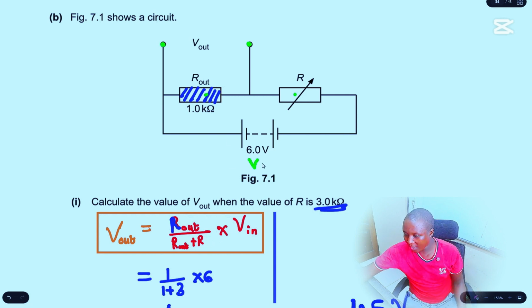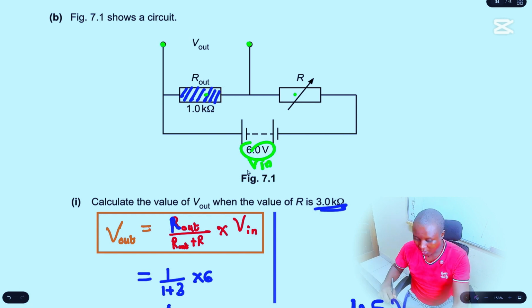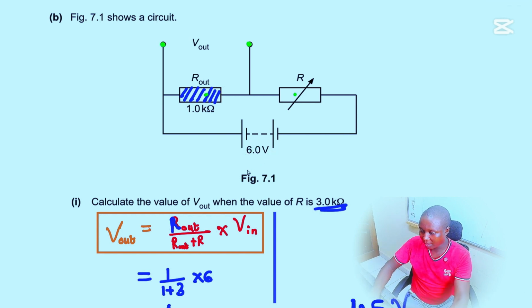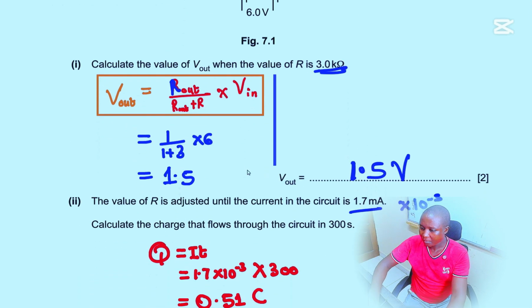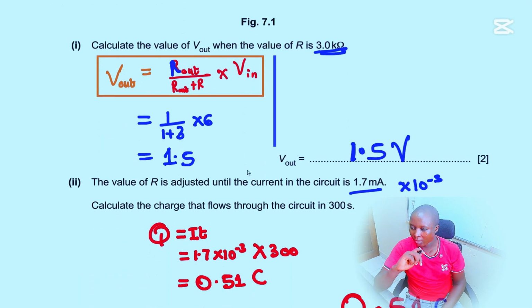V in is the voltage that was supplied there. If you substitute, you are going to get your answer as 1.5 volts.